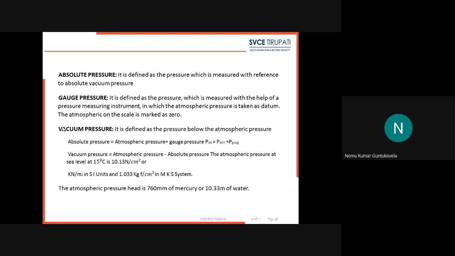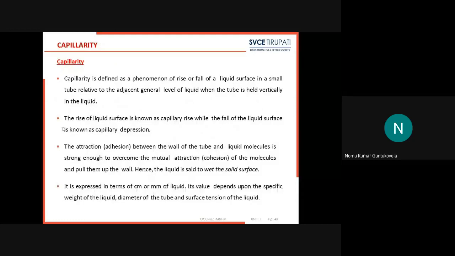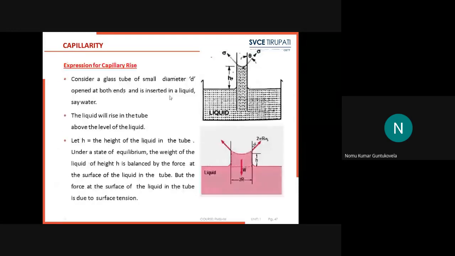Afterwards we have capillarity. If we introduce a capillary tube in a beaker of water, the water level in the capillary tube differs from the beaker water level.